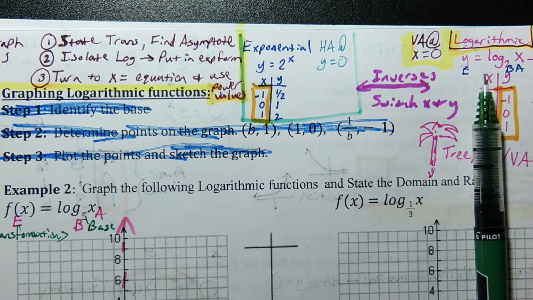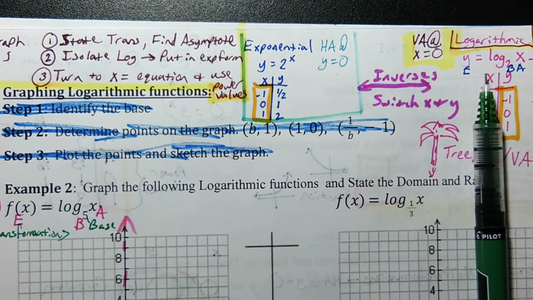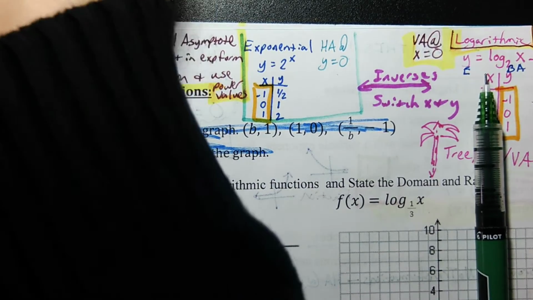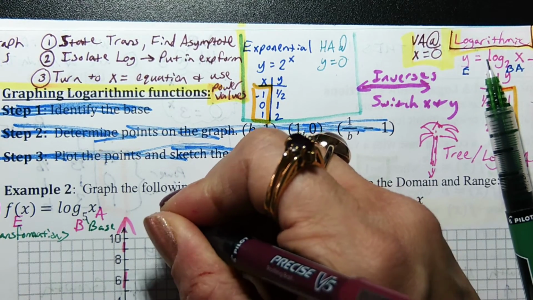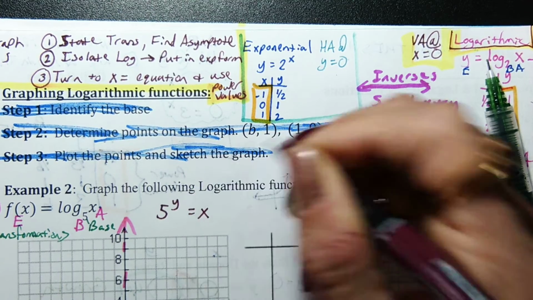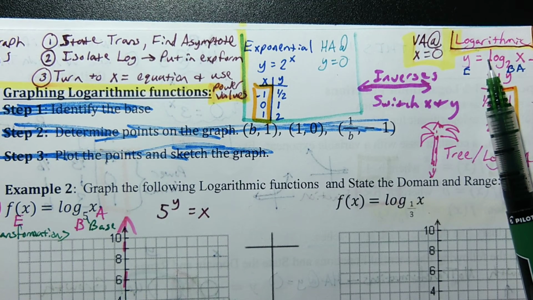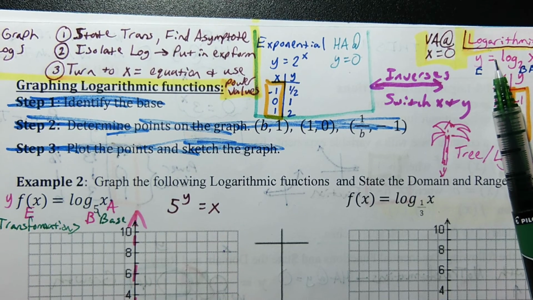F of x. Do we want to use f of x? What's another easier way of saying f of x? Y. So we're going to let y be our ears. So when I rewrite this in exponential form, I get base 5 raised to the y equals x. So same equation, different form.